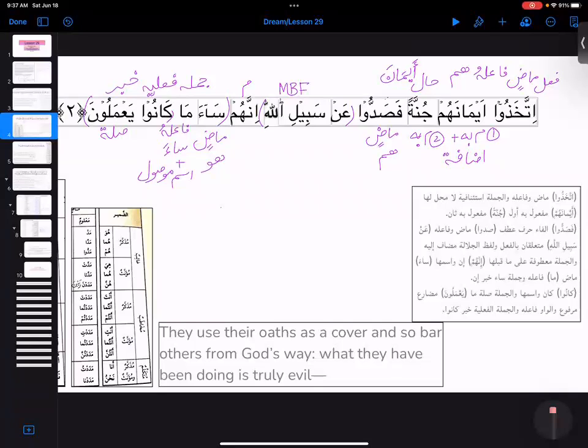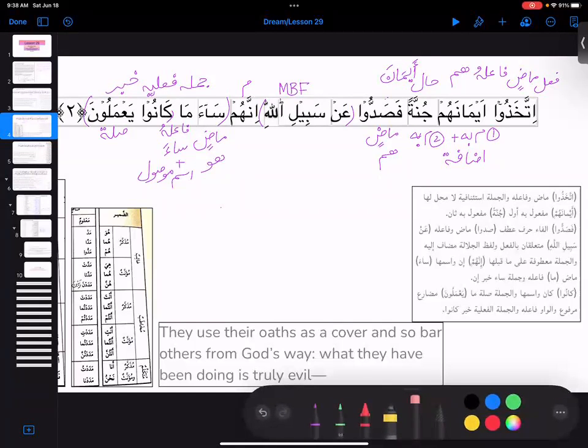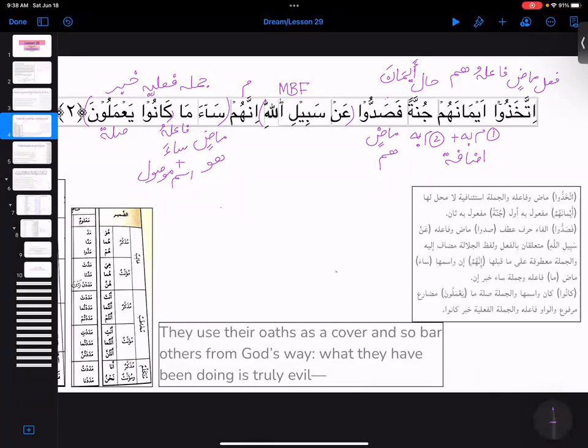Then fasaddu, fi'lun madin, fa'iluhu hum, and then an sabilillahi. Saddu is always a verb that is married with the preposition an. So whenever you see any form of sadda, you will see this an with it.